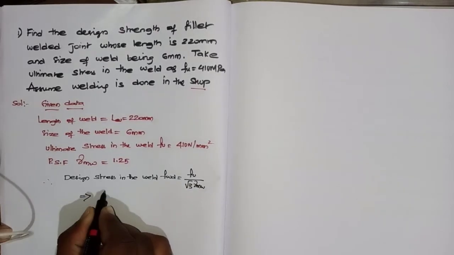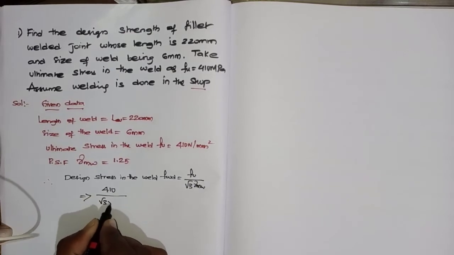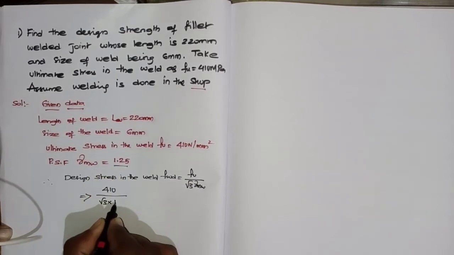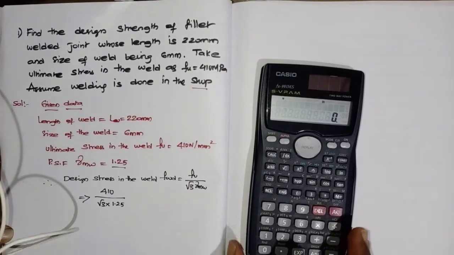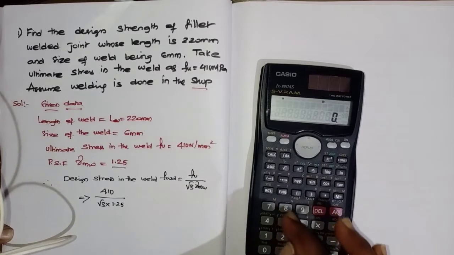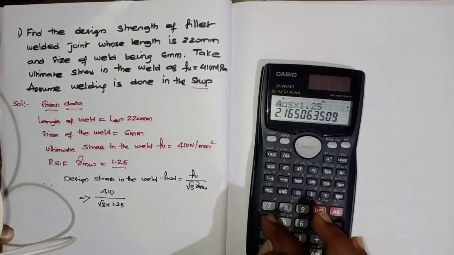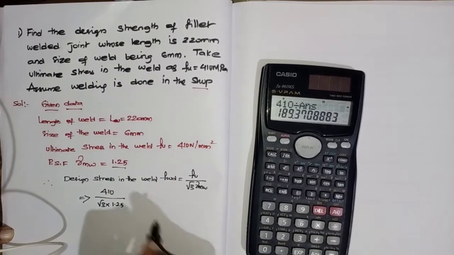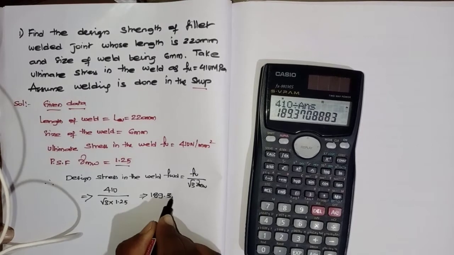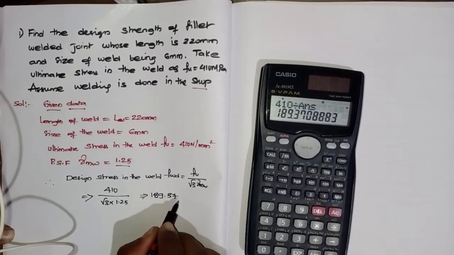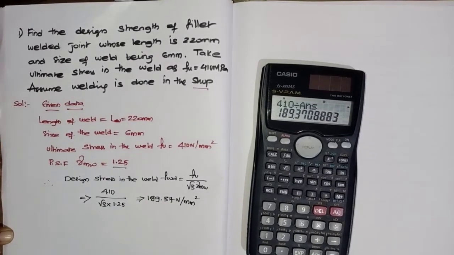Now if I solve this one, FU is what? 410 divided by √3 into 1.25. Okay, now 410. So how much you are getting? 189.37. Okay, stress it is. We will be getting in what? Newton per mm square.